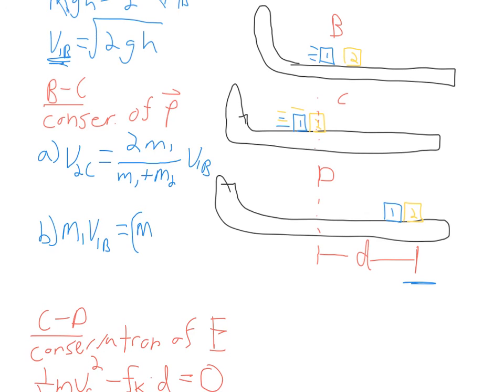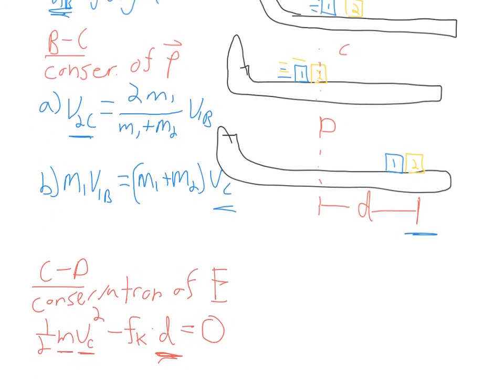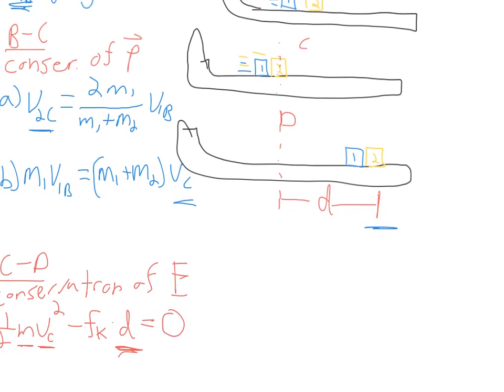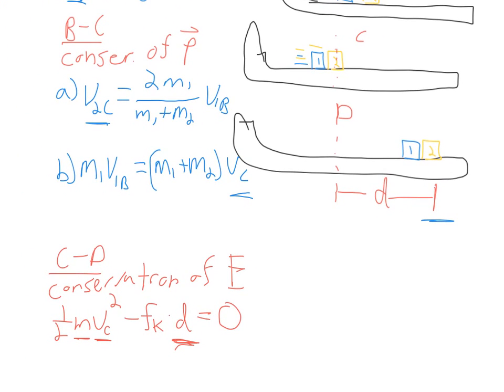So we're going to have m1 plus m2, their combined mass, multiplied by vC, since the two of them are moving together at that speed. And so here you can find the vC, which you should be able to use down here in your conservation of energy equation to find your distance d.